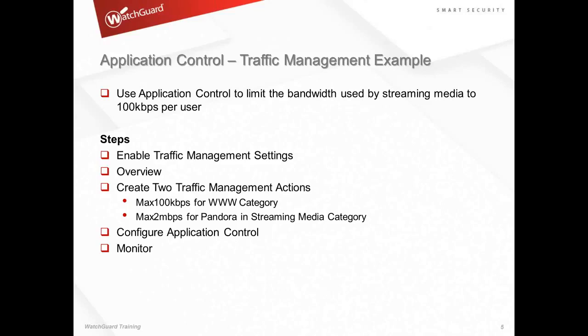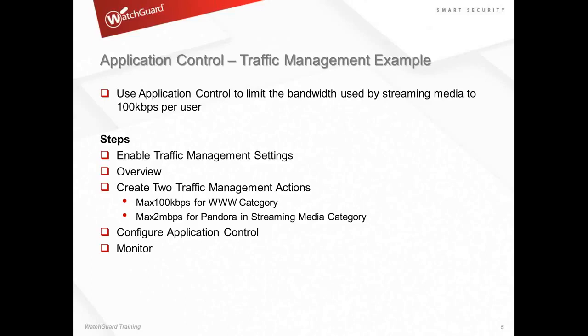Some of the steps we're going to go over today: we're going to enable traffic management settings, and as Chris mentioned, there are some overall general settings that we need to address. We'll take a look at an overview of how the traffic management policy will control, for instance, streaming media while still allowing web browsing, using 2 traffic management actions.